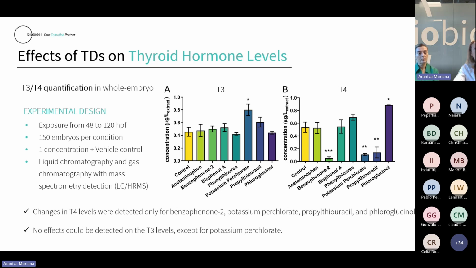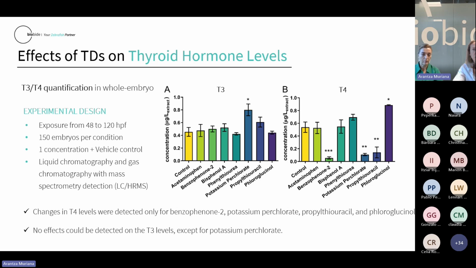We only tested 1 concentration per compound, and also we detected the hormone levels in the vehicle control to compare with. And here you can see the graph for T3 hormone levels and for T4 hormone levels, where potassium perchlorate shows an increase in T3 and a decrease in T4. That is quite related, and it is good, this relation.